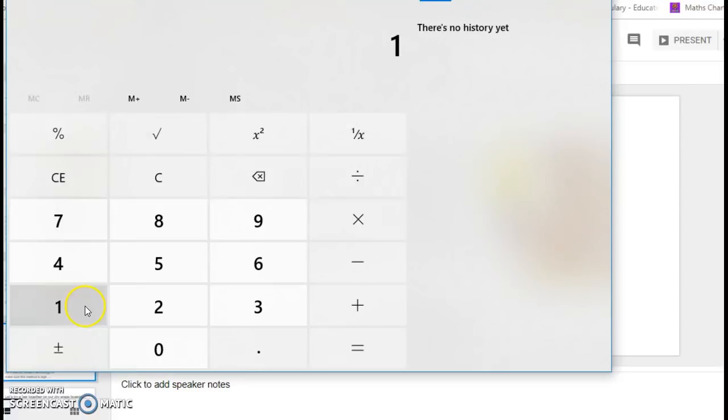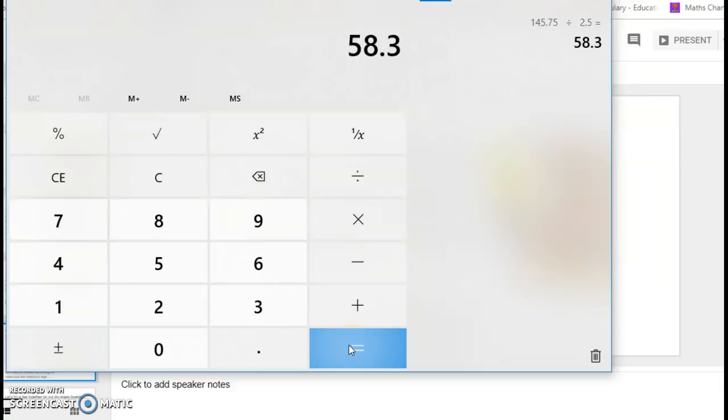All right, if I have 145.75 divided into 2.5 pieces, I get 58.3, which means I could feed 58 families and have 3/10 of the meat left over for maybe an appetizer or for a special treat for somebody.